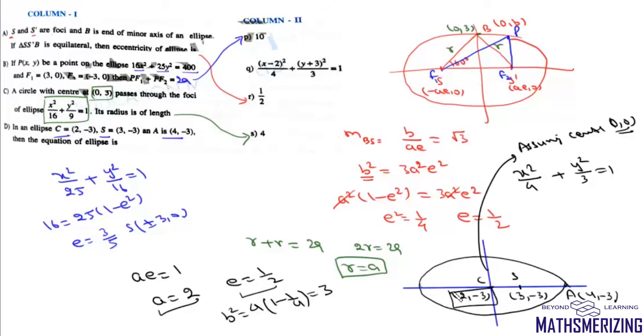So what we'll do is, we'll shift this equation. We'll replace x with x minus 2 and we'll replace y with y plus 3. So equation of this ellipse will be x minus 2 whole square upon 4 plus y plus 3 whole square upon 3 and it is equal to 1. So that means this D, it matches with Q. And that is the answer to this question.